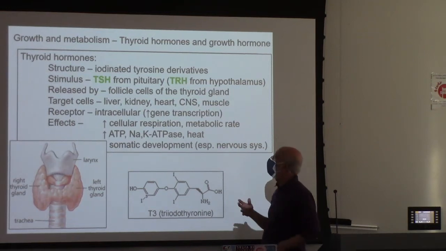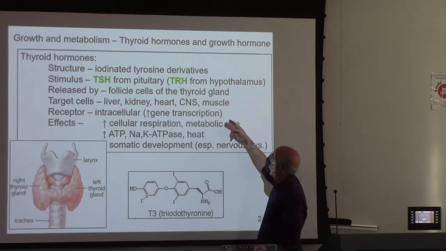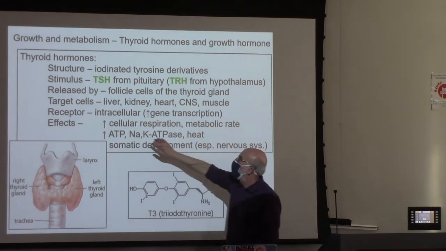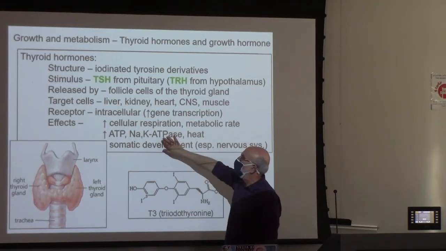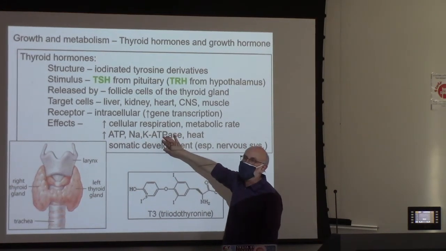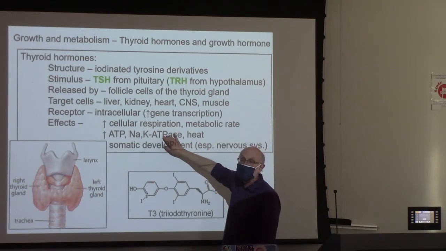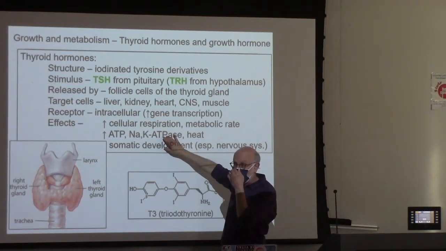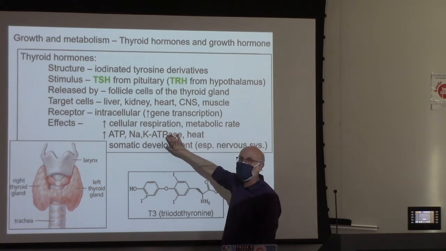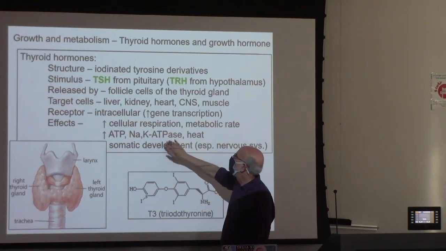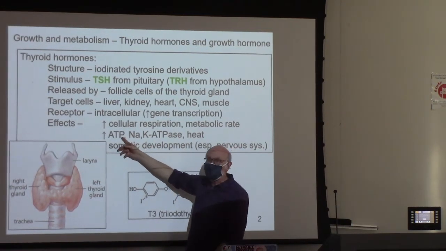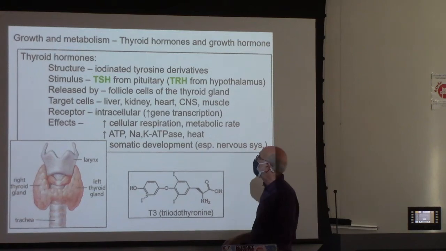There are multiple effects: cell respiration, metabolism, making of the sodium potassium ATPase, which you know is important for making gradients, solute gradients in the cells. We've used, remember that from the beginning of this course. Production of ATP by cellular metabolism.